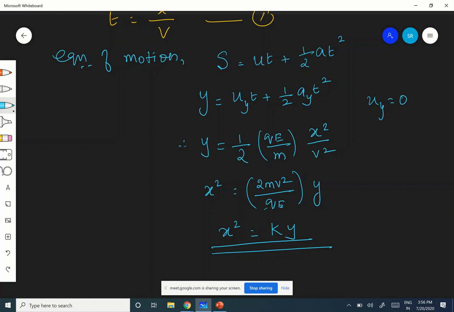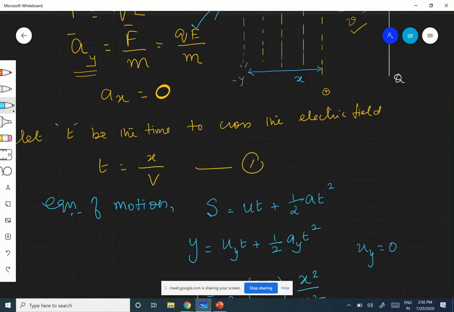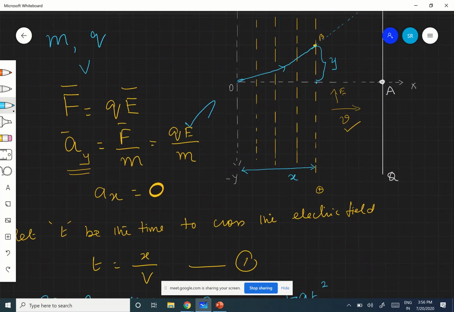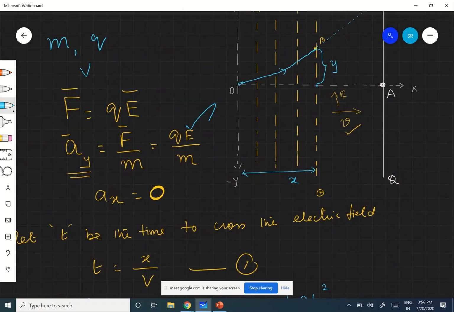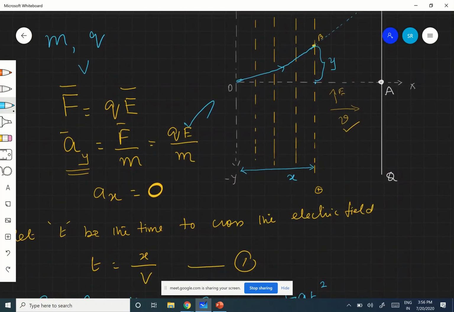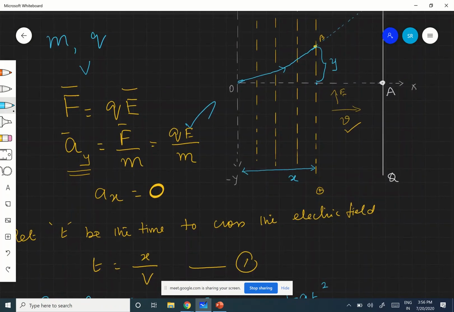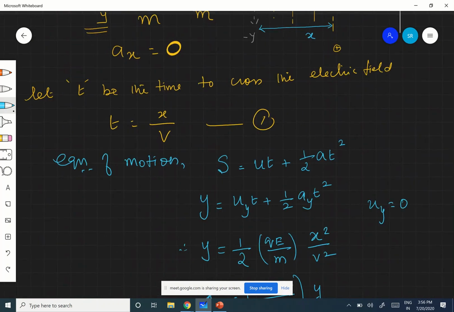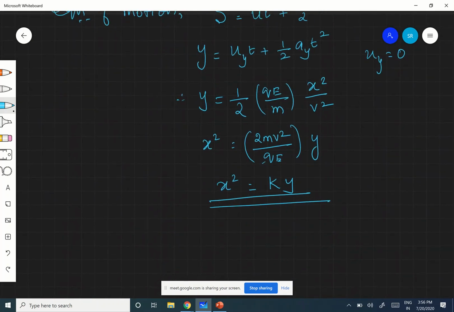And on leaving the field, it will be moving in a straight line. The parabolic path is only as long as there is a field. Once it comes out of the field, it will move along a straight line and impinges on the board at the point C. Is it clear, children? Therefore, this is very important.